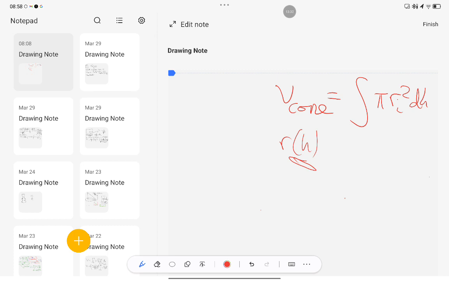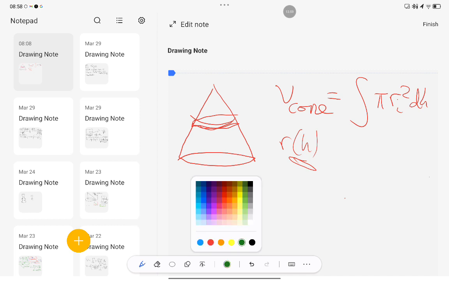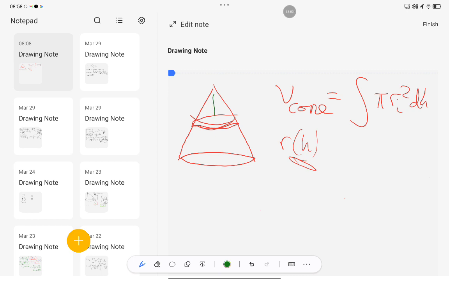So in one case, we have our segment here, but we're going to take our measurements to be across the entire cone that we're trying to find the volume of. And I'll put these measurements in green so we can more easily see them.